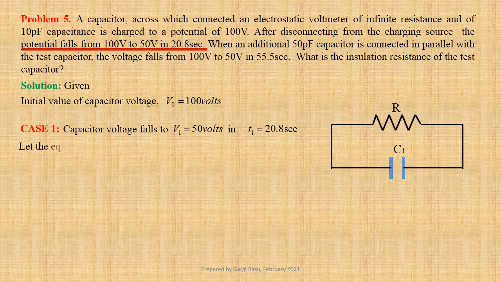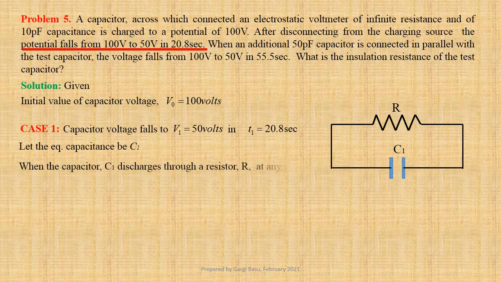Let the equivalent capacitance be C1. When the capacitor C1 discharges through the resistor R at any time instant t, capacitor voltage Vc equals V0 e to the power minus t by tau 1, where time constant tau 1 equals R into C1.